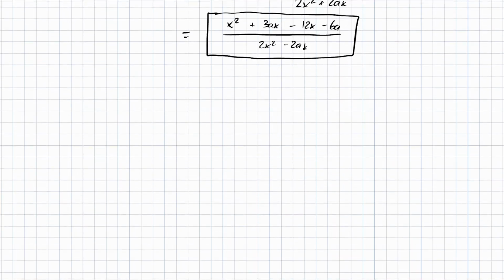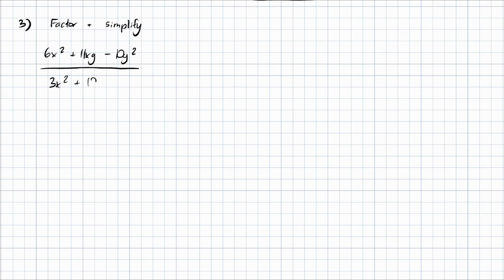All right, on to number 3. Number 3 is factoring and reducing or simplifying. And the problem given is 6x squared plus 11xy minus 10y squared over 3x squared plus 10xy minus 8y squared.